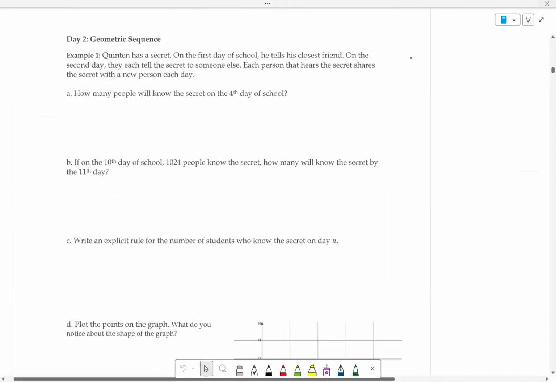Quentin has a secret. On the first day of school, he tells his closest friend. On the second day, they each tell the secret to someone else. Each person that hears the secret shares the secret with a new person each day.